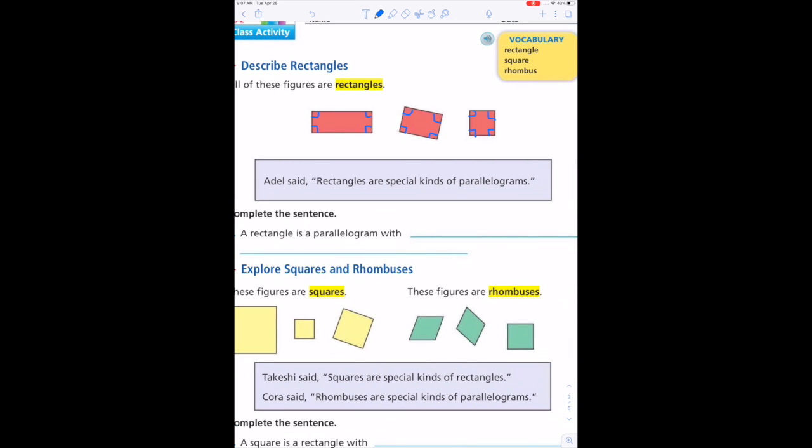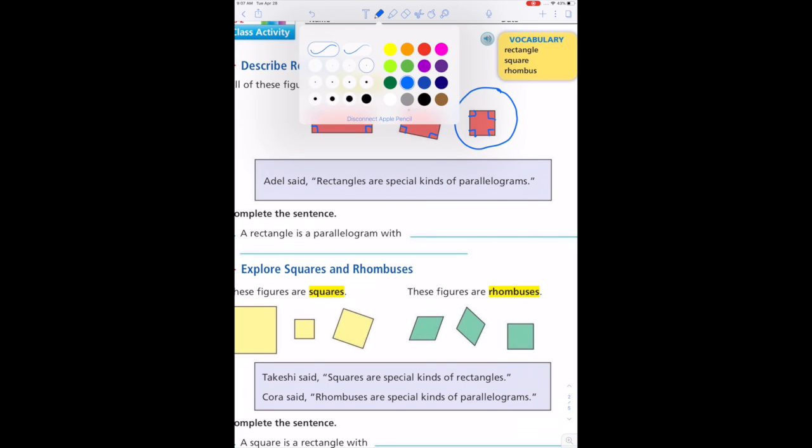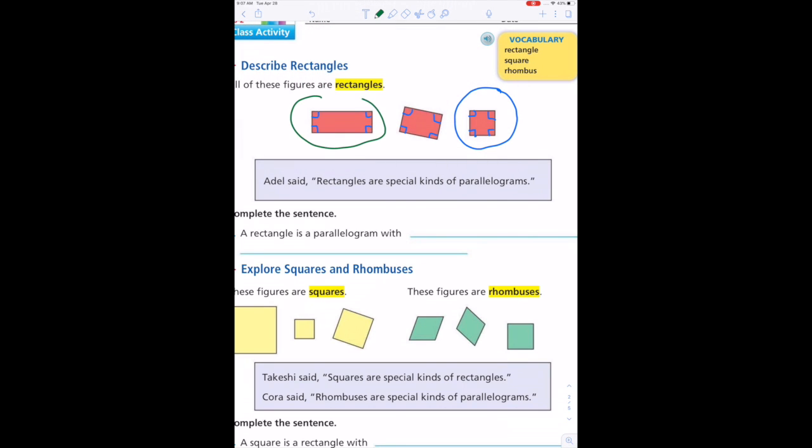Now, I know what you're saying. You're seeing this guy right over here, right? And I know what you're thinking. You're like, Mr. Swenson, a rectangle is this one over here that I'm going to circle in green. And the one that I circled in blue looks like a square.